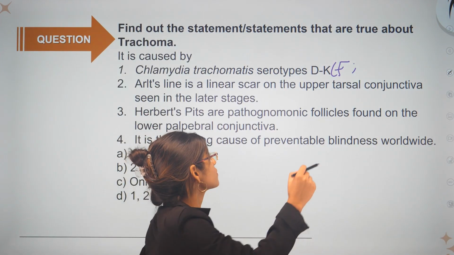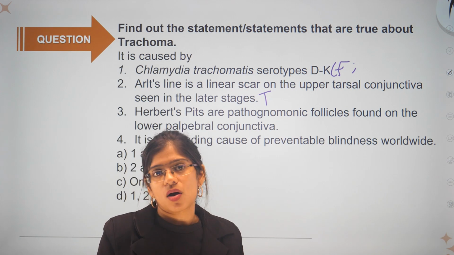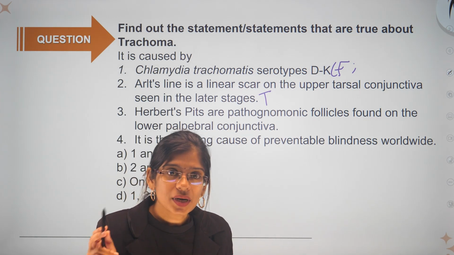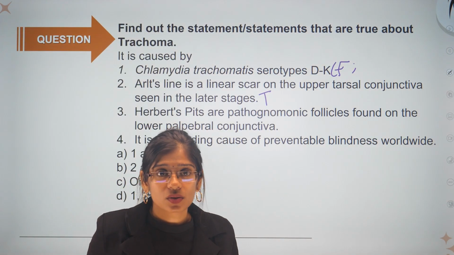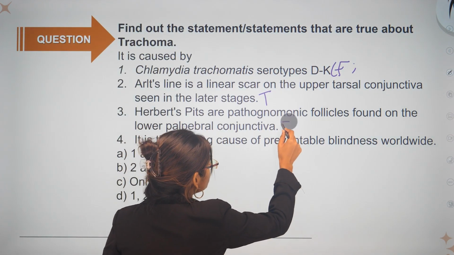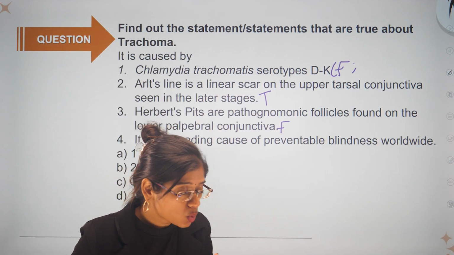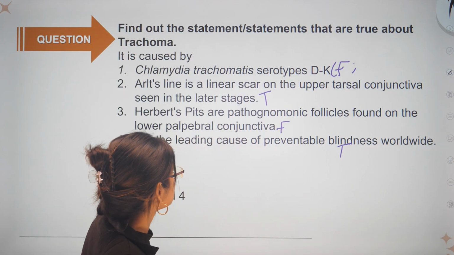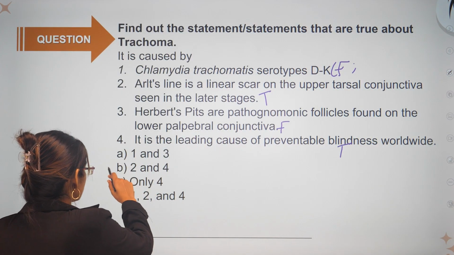Correct, that is true. Herbert's pits are pathognomonic follicles found in the lower palpebral conjunctiva? No. Herbert's pits you see at the upper part of the limbus, so that's wrong. It is a leading cause of preventable blindness worldwide. That is true. So we are choosing the true statements, and 2 and 4 are true.